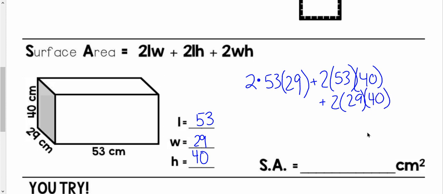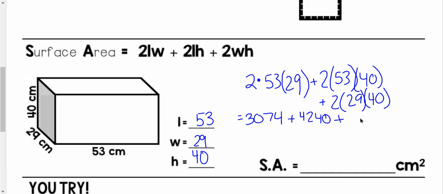So I'm going to use a calculator for that because I cannot keep that all in my head at once. If I do 2 times 53 times 29, I get 3,074. If I do 2 times 53 times 40, I get 4,240.